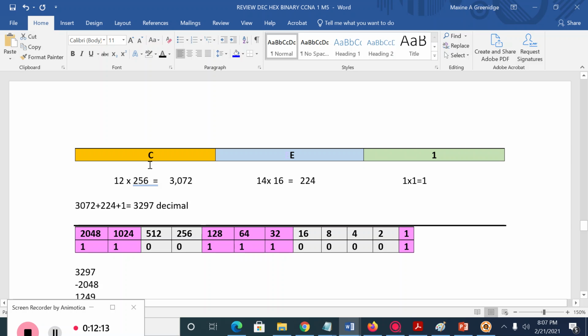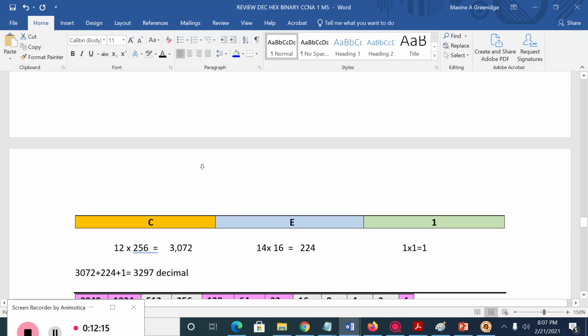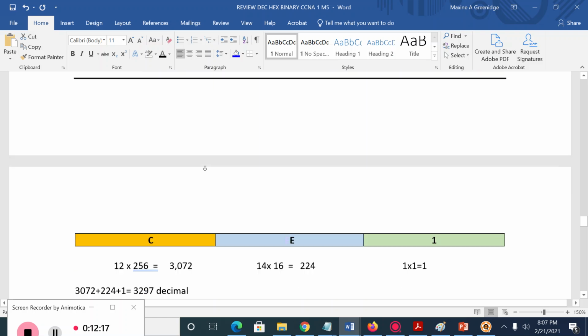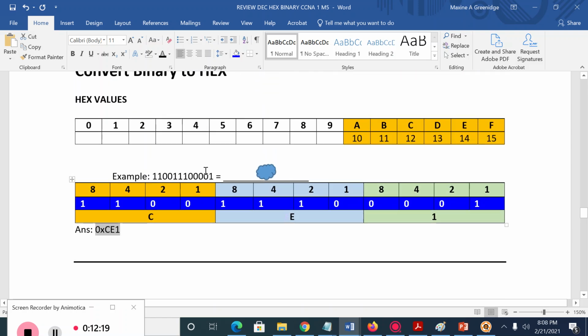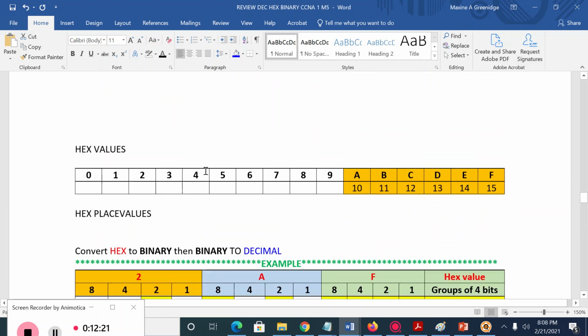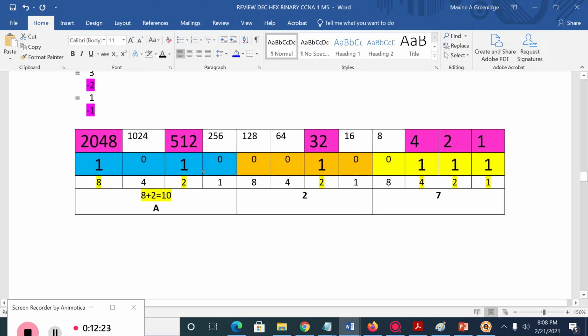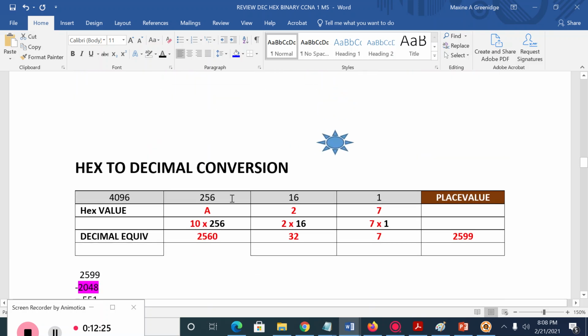Okay. So if we actually take this now, CE1, and turn it back into decimal, let's see what we get. C is 12. The bit position for the C is 256. Let's look back up here and get our chart for the hexadecimal.